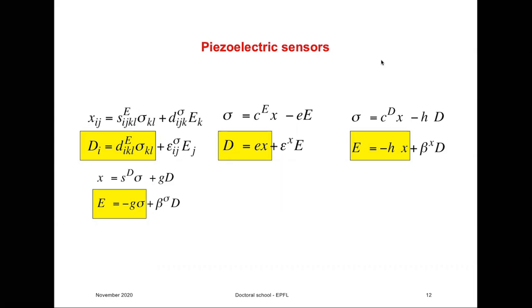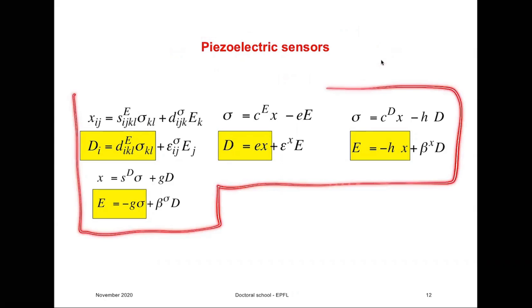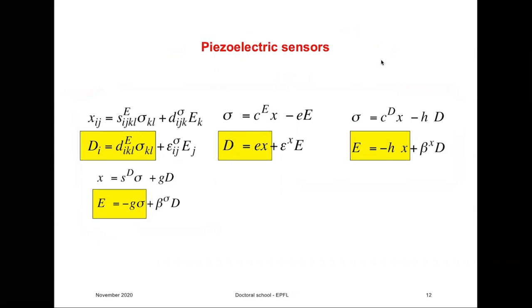So for piezoelectric sensors, we can consider all four constitutive piezoelectric equations, and those parts which relate, as independent variables, either pressure or strain, and as dependent variables charge and voltage, describe the functioning of sensors.